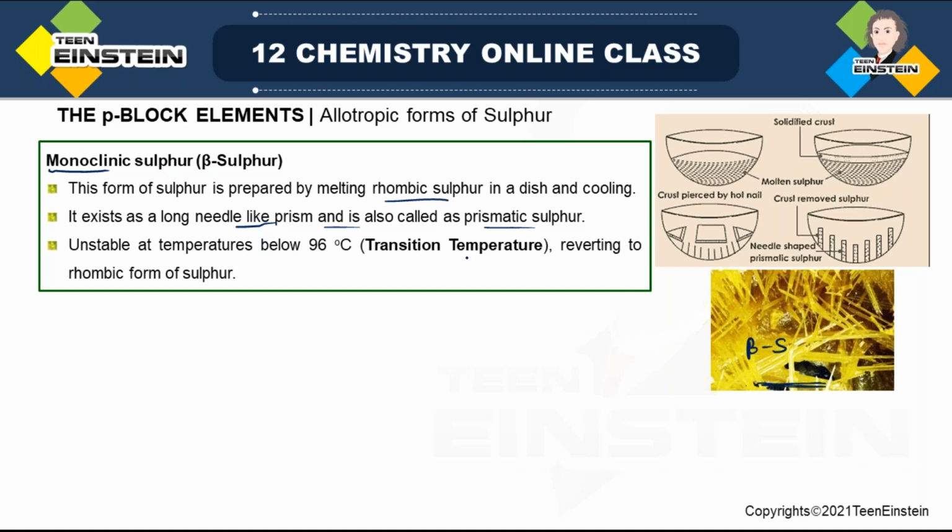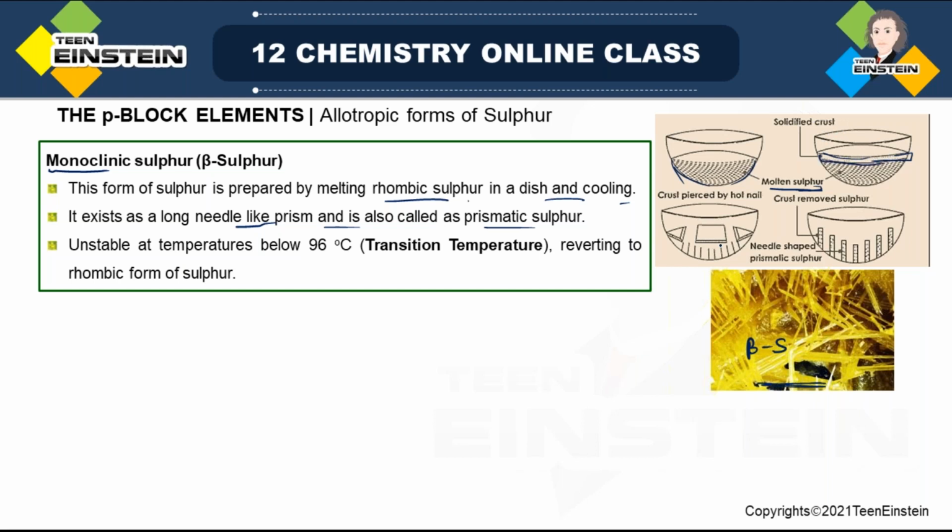Now, how are we making it? By melting rhombic sulfur in a dish and cooling. First there is molten sulfur present, in liquid form because it is heated. Gradually, when it is cooled down, a crust appears on the surface.